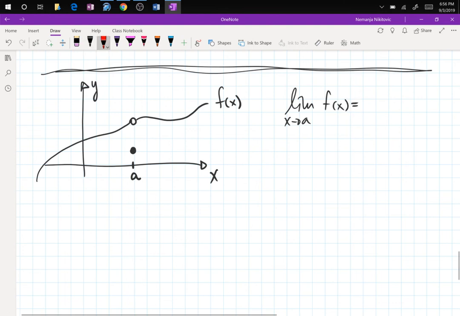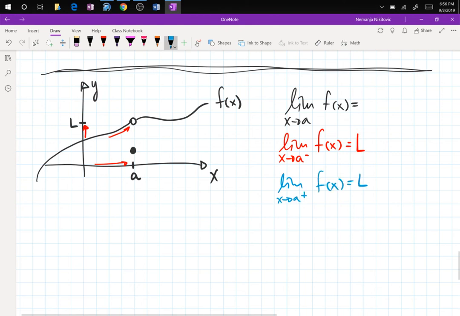Well, let's ask Romeo and Juliet. So Juliet approaches from the left, so a minus, of f of x, and she is going to get this value L, because she's approaching from the left, walking, in this case, up the function, up towards L. Romeo, on the other side, goes from the right, and he is going to go also into L. And because both of them agreed, the overall limit is L. So yes, the black writing came first because that's the question, but the answer, which is orange L, is a consequence of the blue and red L's.